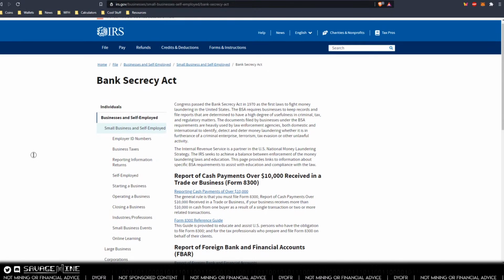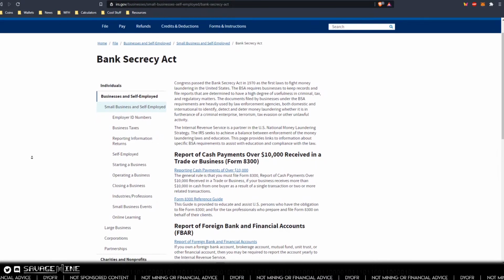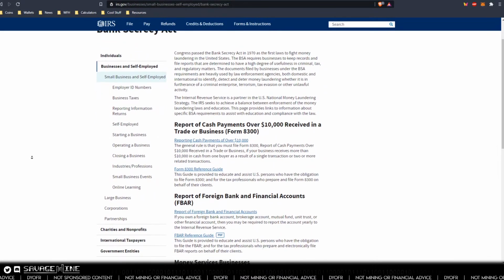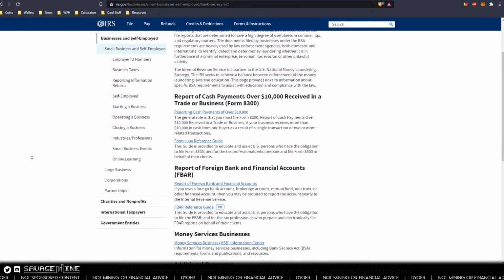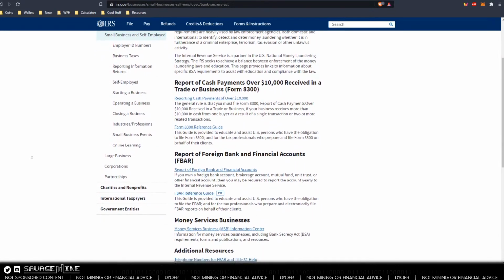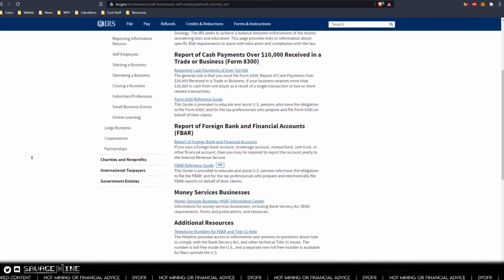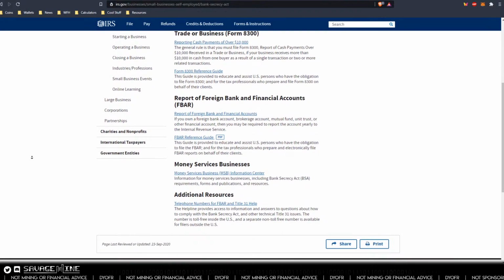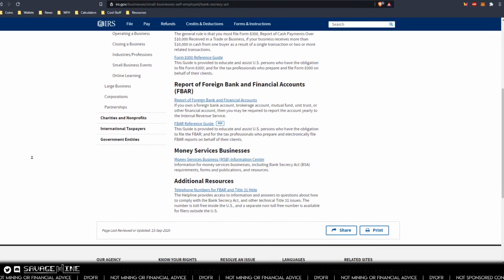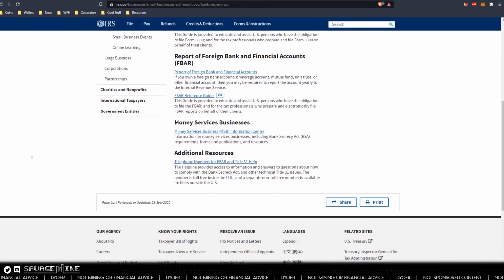And this is all in accordance with the Bank Secrecy Act of 1970, known as the BSA, which was further amplified in Title III of the Patriot Act back in 2001. The BSA is also known as the Currency and Foreign Transactions Reporting Act, and it's basically a U.S. law that requires financial institutions in the U.S. to work with government agencies in detecting money laundering and things like that.